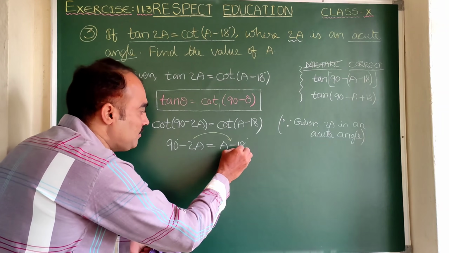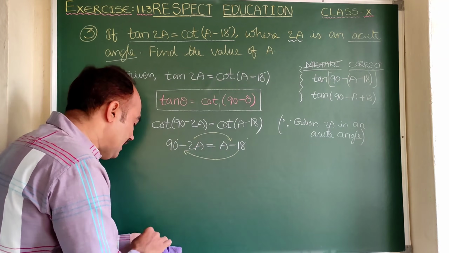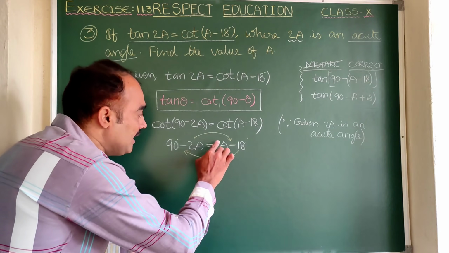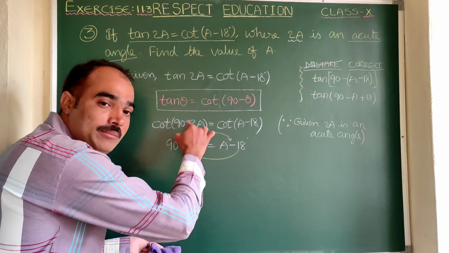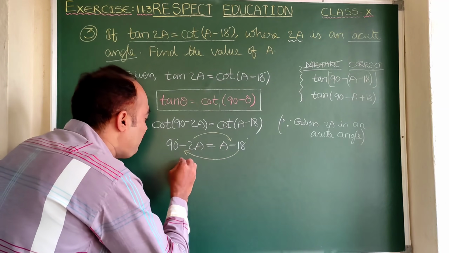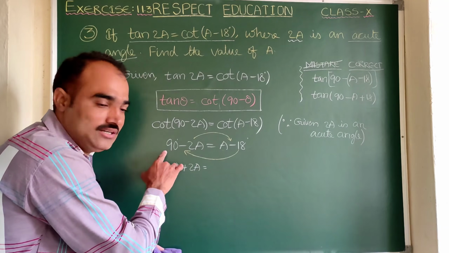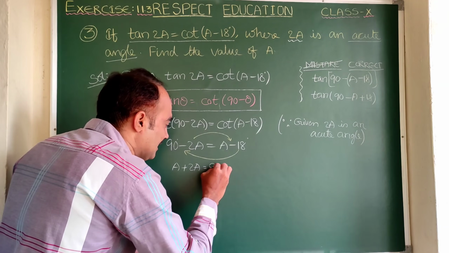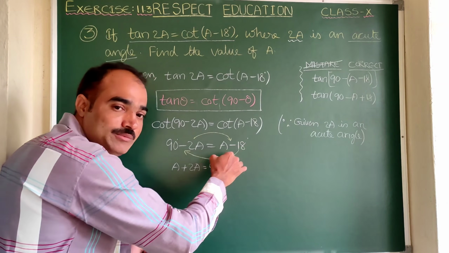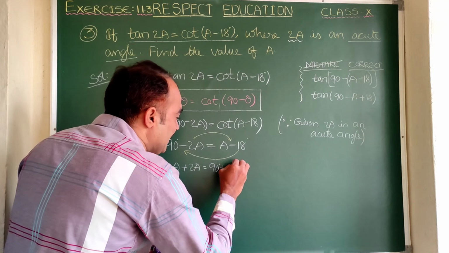Since 18 is negative, let us move it to the left hand side. Then a plus 2a is equal to 90 degrees plus 18 degrees.